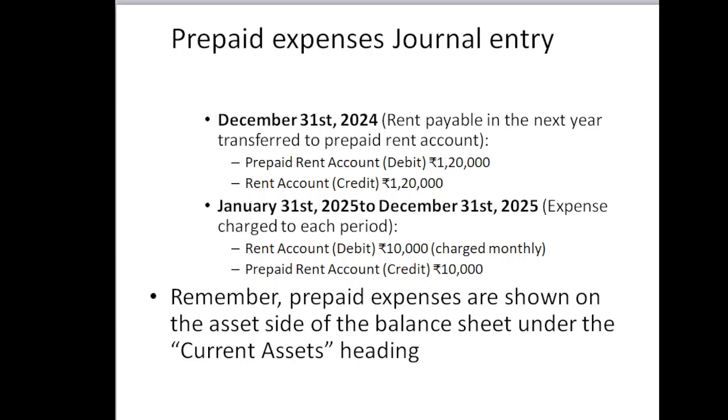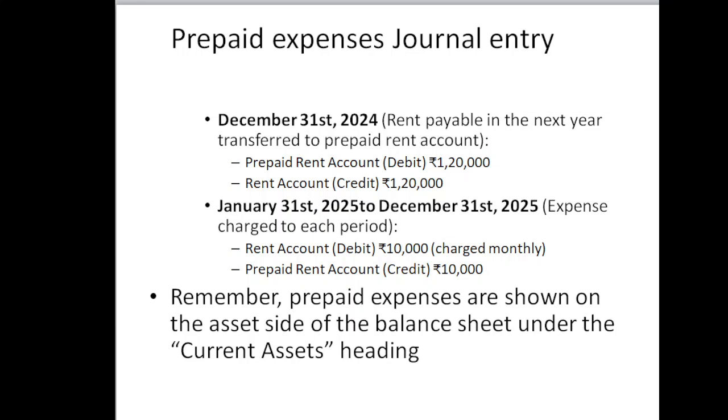So if we do the analysis, on December 2024 we do not recognize the rent as expenses, we recognize it as prepaid rent expenses. So we only did the entry: prepaid rent account debit 1,20,000 to cash account.